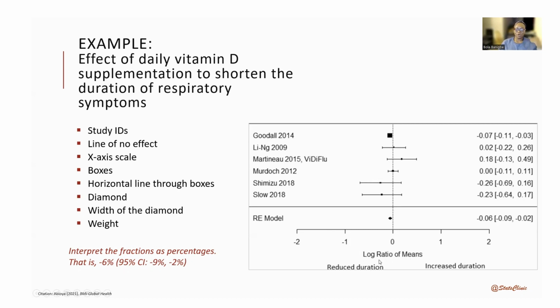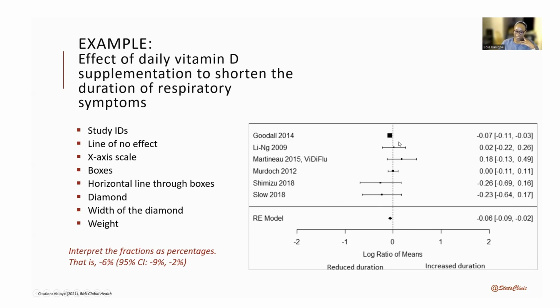Once you see this, we already know that the data in the estimates in the primary studies were skewed. And so we're going to read it the way we will read any other forest plot. These are the study IDs, these are the authors and the year, and your line of no effect is still 0. So even though it's log ratio of the means, your line of no effect is at 0.